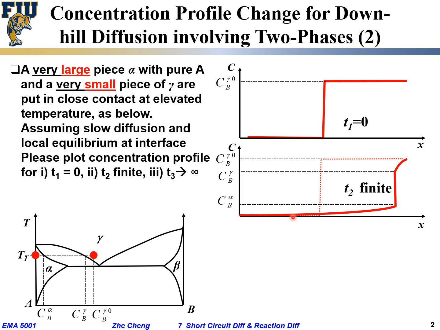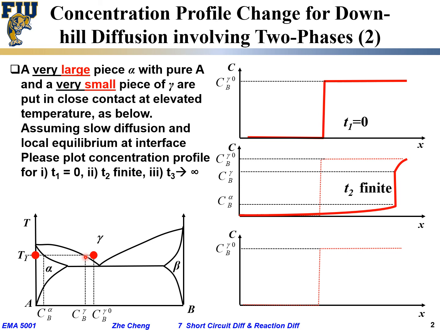Alpha phase, gradual change in concentration, sudden change in concentration at the interface, and then gradual change again in the gamma phase. Make sense? And the compositions at the interface are still fixed by the intercept of the temperature line with the phase boundary. Make sense? Then what happens when the time goes to infinity?